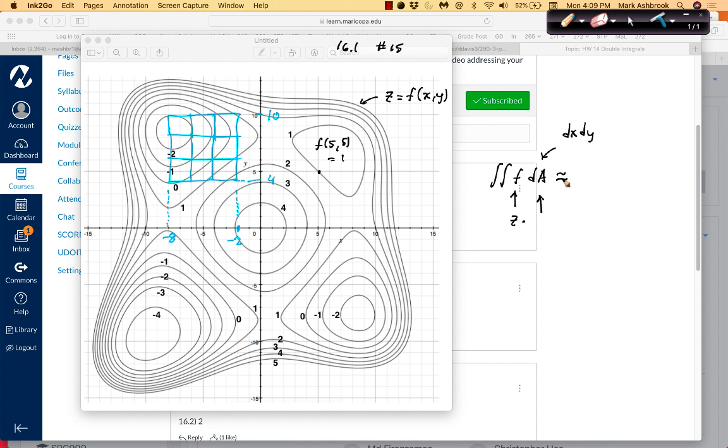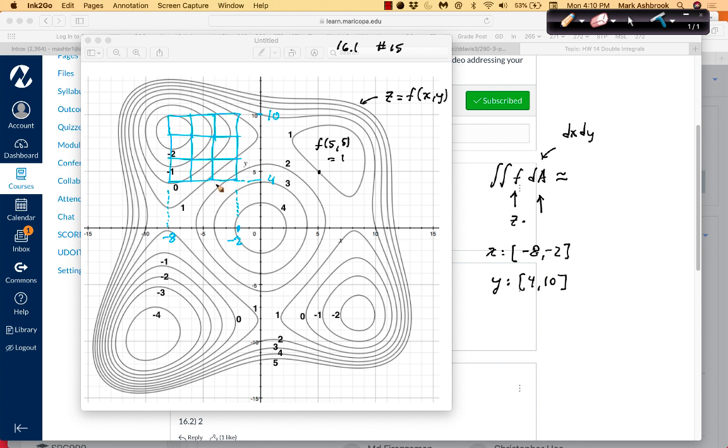Z times dA, we're going to have many of those and we're going to sum them all up. Say we want the region, shown in light blue here, where x goes from -8 to -2, and y goes from 4 to 10. We're using dx values of 2 and also dy of 2.